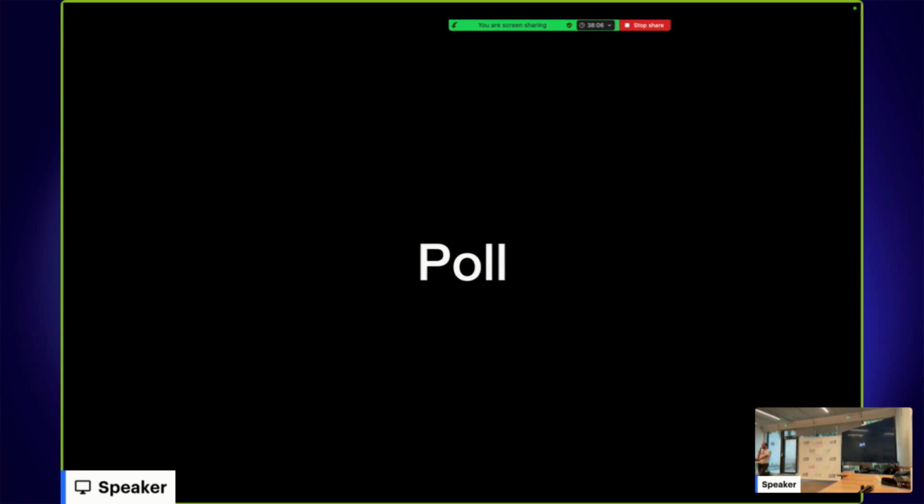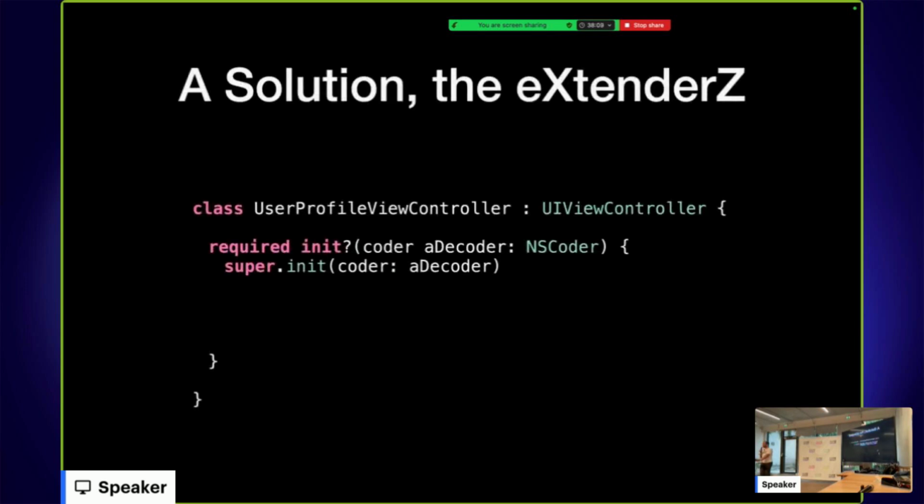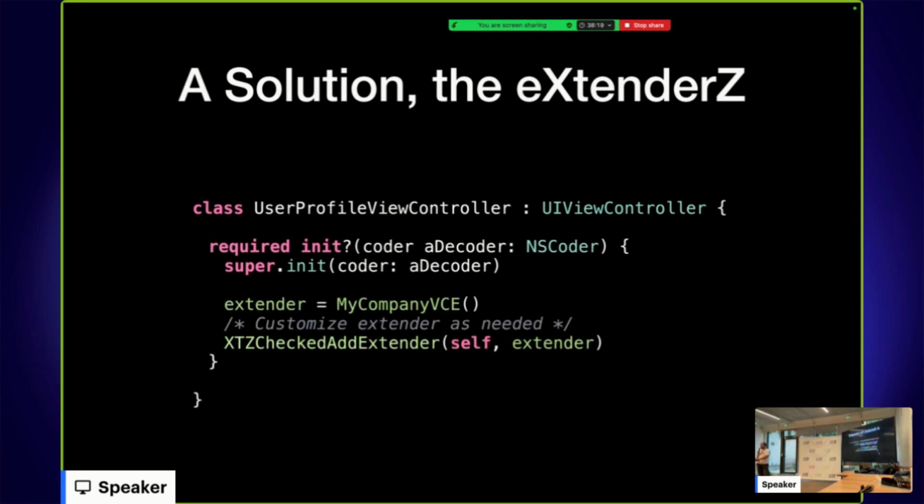But anyways, there is a solution to avoid that. You just do an extender. So what happens is you have your init of your view controller, and you can just add an extender on your class, and the whole behavior of the class will be changed. Like you can, for instance, automatically change things in viewDidAppear, but you do that in something else.